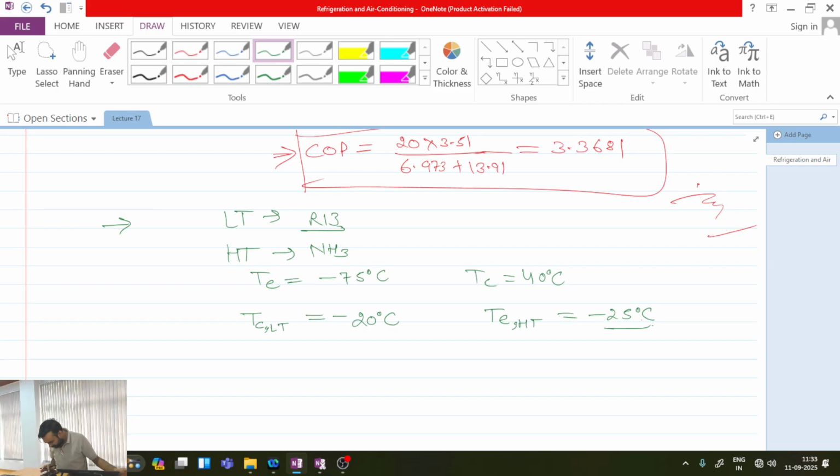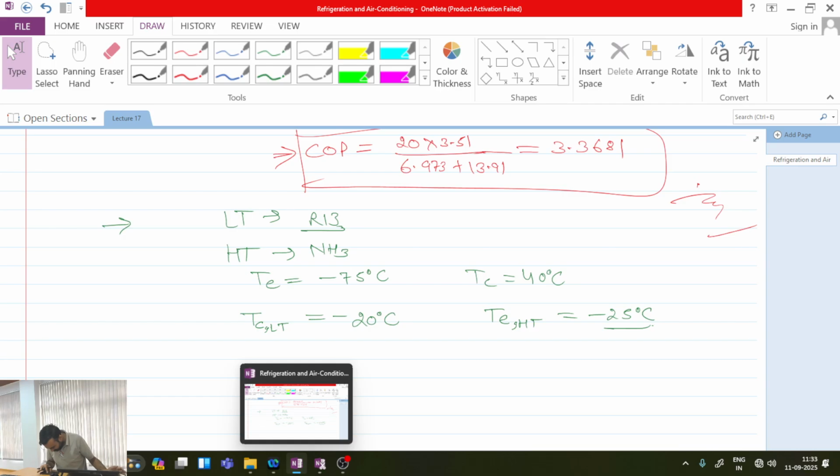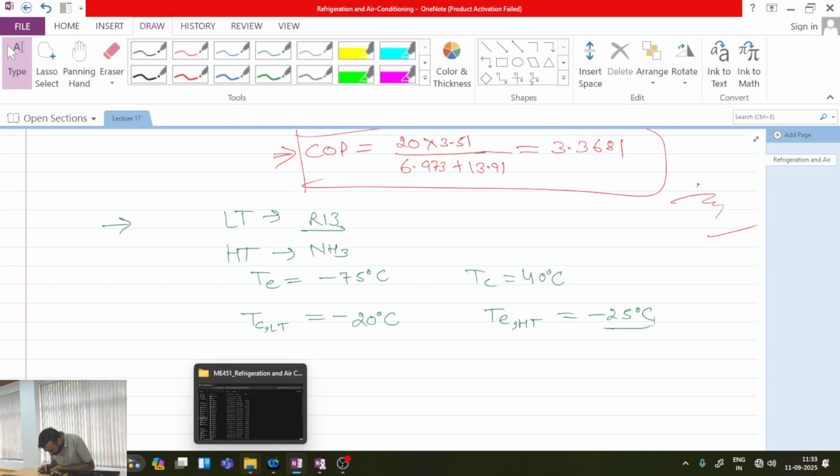Let me give you the values. You can solve this problem on your own. It's a very simple problem, two standard cycles. I do not have the answers at present, so no issue.